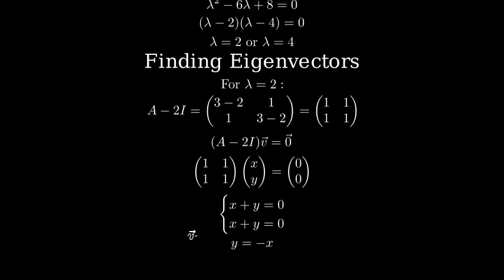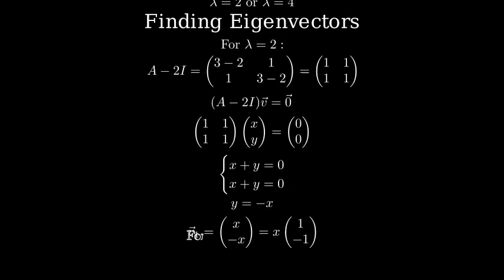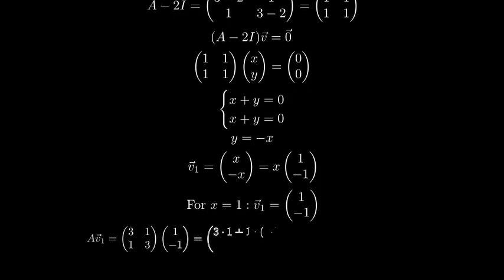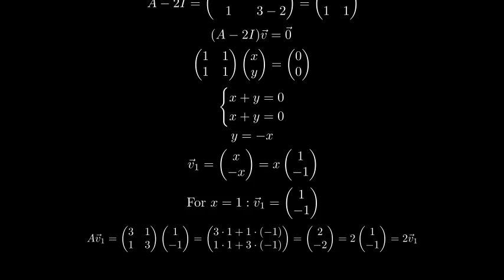So y equals negative x, and any vector of the form (x, negative x) is an eigenvector. For example, (1, minus 1). Let's verify. A times (1, minus 1) equals (3 times 1 plus 1 times minus 1, 1 times 1 plus 3 times minus 1), which is (2, minus 2), which equals 2 times (1, minus 1).